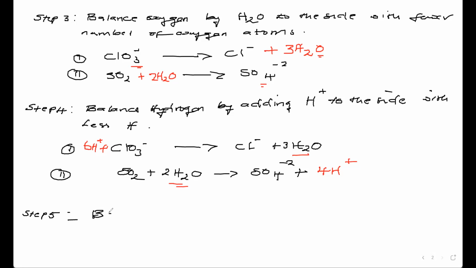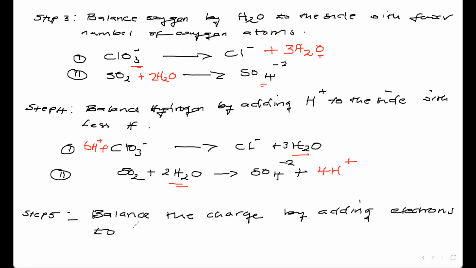So step number 5, we are saying balance the charge by adding electrons to the side with higher oxidation state.